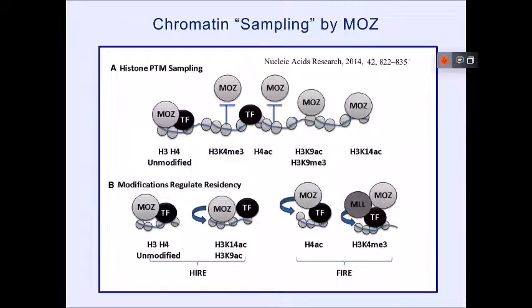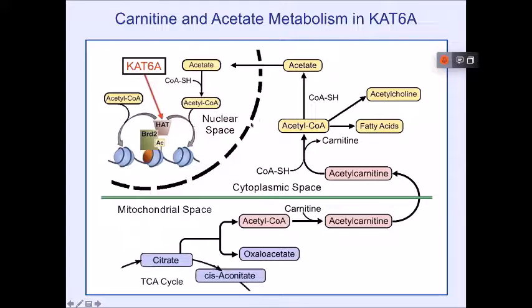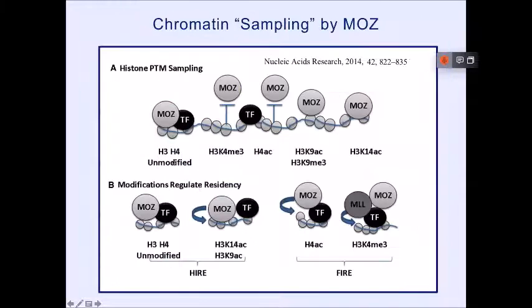This just shows another way of looking at this interaction. So here's the MOZ complex, and it shows that if there is methylation of this specific point, this is the fourth lysine amino acid in the H3 protein, and when that's methylated, MOZ can't bind, it can't acetylate.